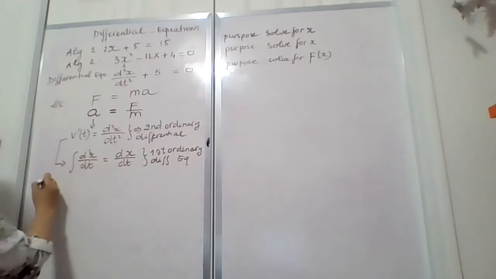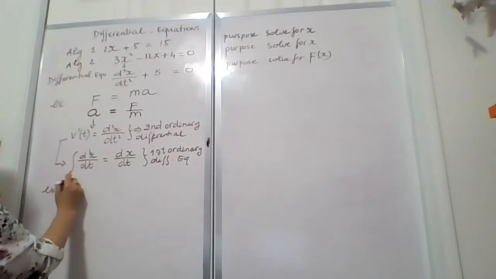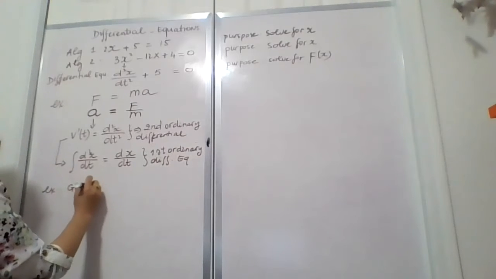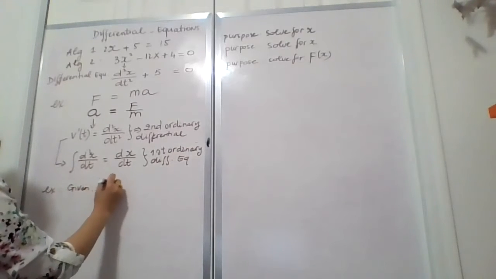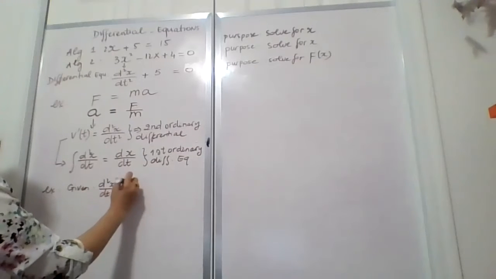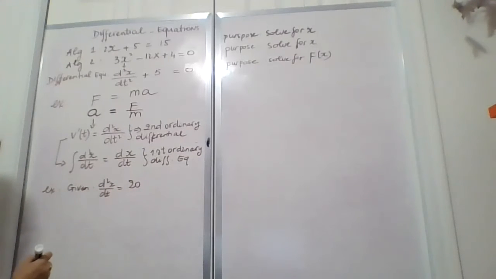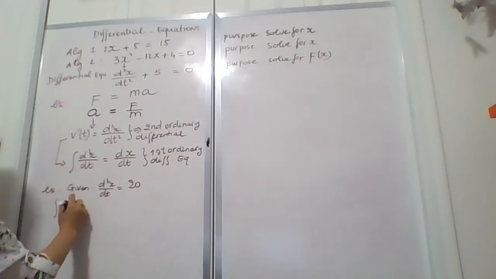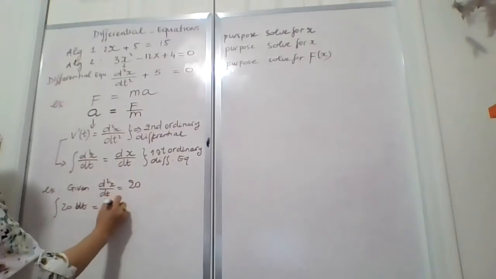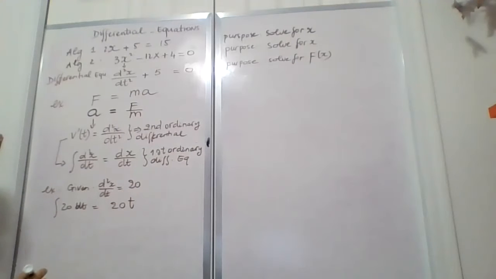So, for example, let's say given d squared x over dt squared equals 20. So, integrate 20 dt will give you what? 20t.